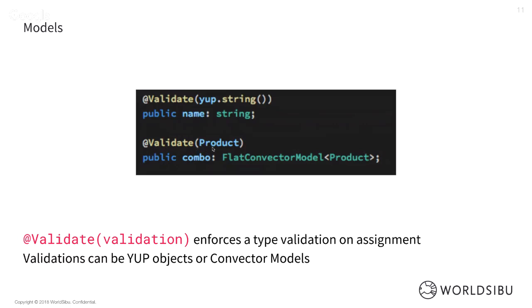When you're constructing a model, it will make sure that whatever you assign to this property validates with what you put in here. For example, if you put some complex validations in Joi, like a string with max length 6, it will make sure that the string you're trying to assign doesn't have a length of more than 6.